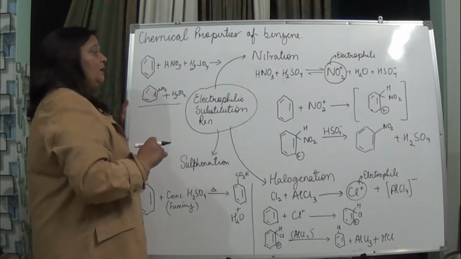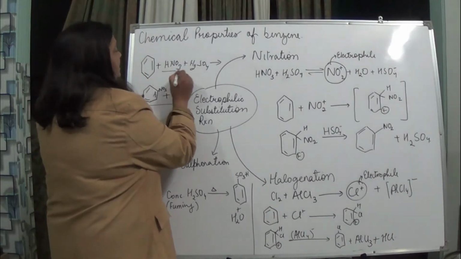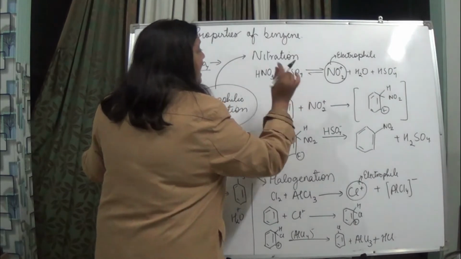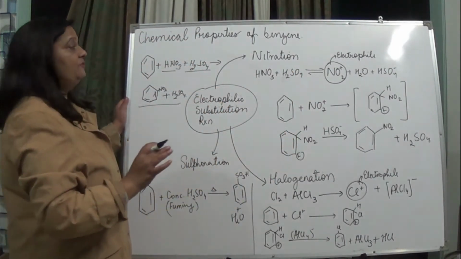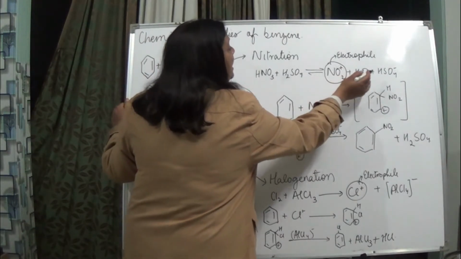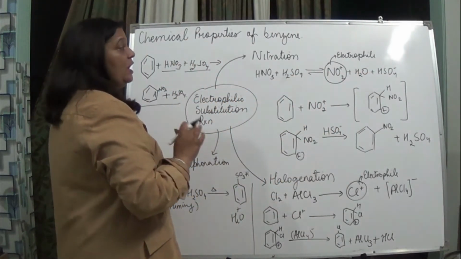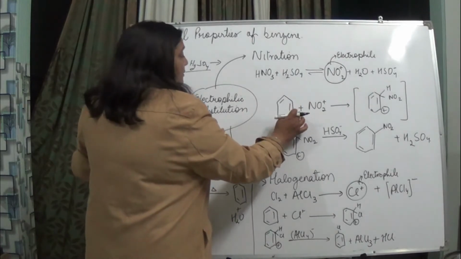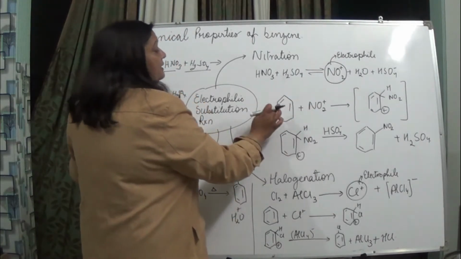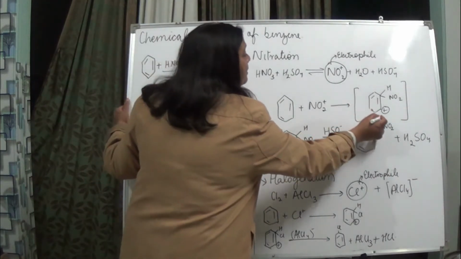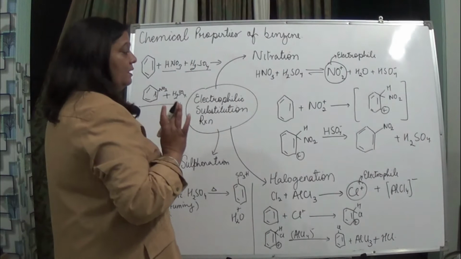How has this reaction taken place? First of all, HNO3 and H2SO4 react and generate an electrophile, NO2 plus, and H2O and HSO4 minus are released. As soon as this electrophile is generated, it attacks benzene and gets attached to it, forming an intermediate.